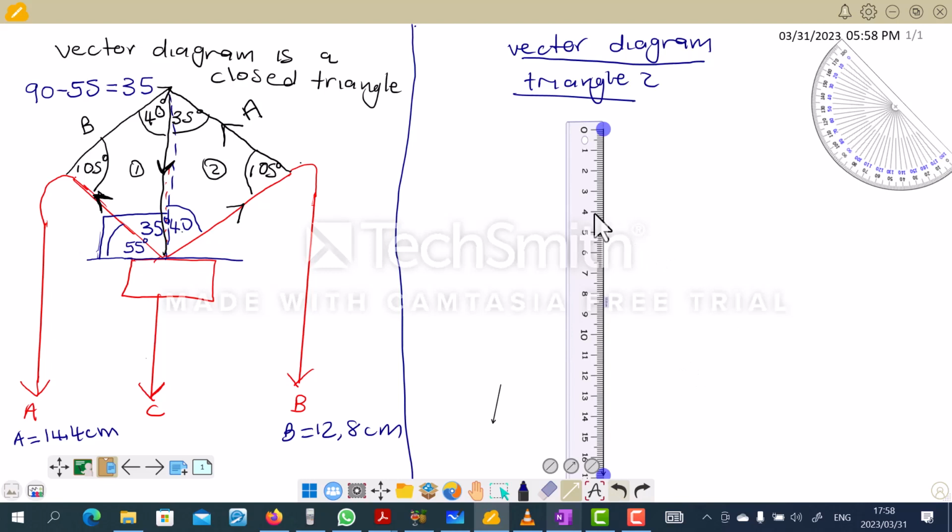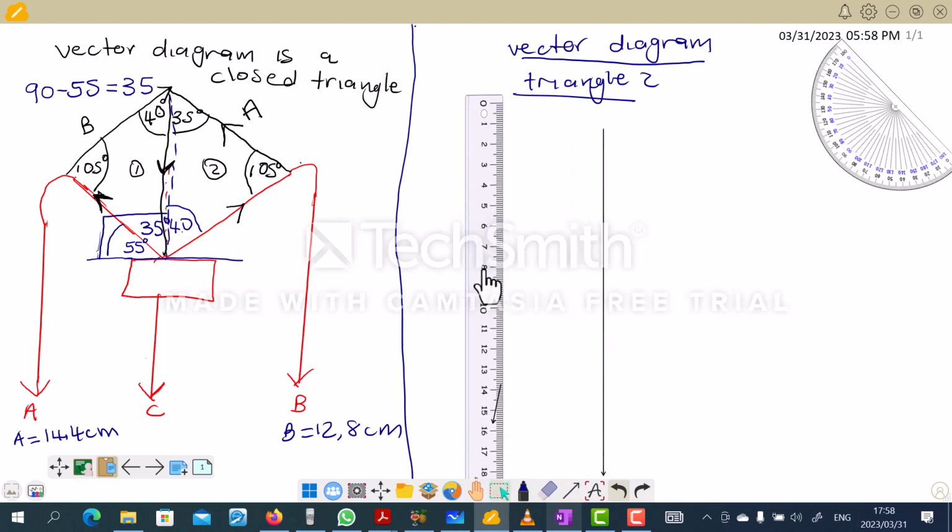Now, this is just my starting point. I don't know the magnitude of this line, but I just draw a long vector line. Then I take off my ruler to the side. Now I'm going to use a protractor.